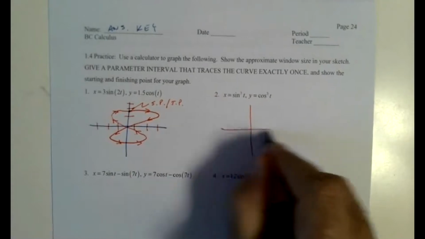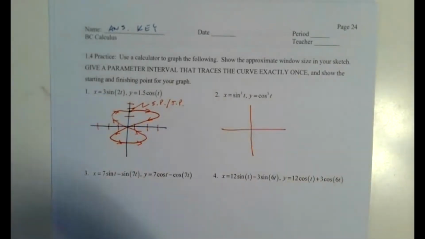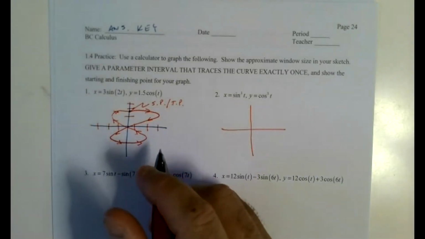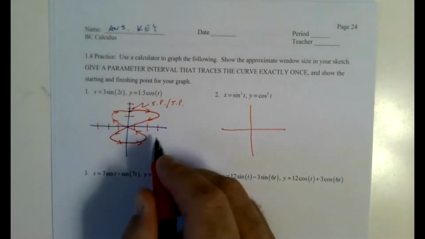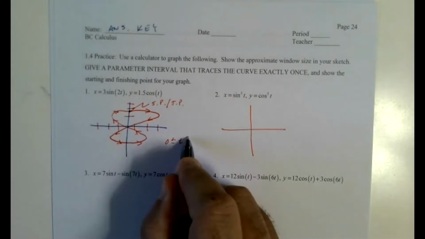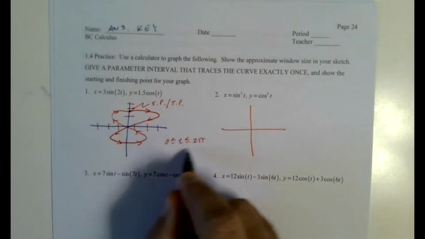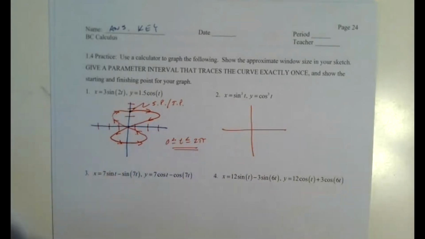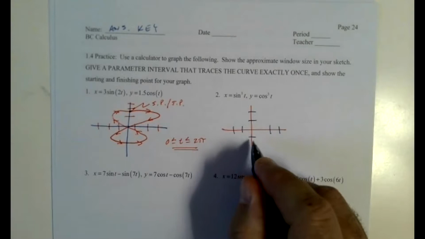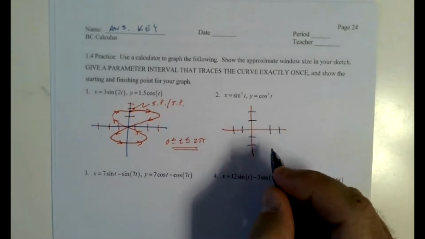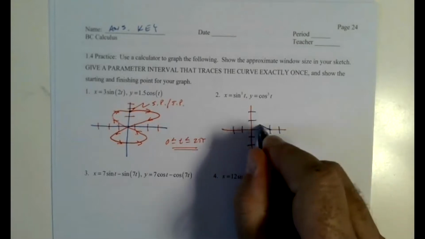All right. Now, again, I would just use a calculator. So we'll finish this one off over here. Yeah, so this is 0 to t to 2 pi. All right, over here. And by the way, this is where life gets really fun with parametric equations. You do all sorts of weird things.